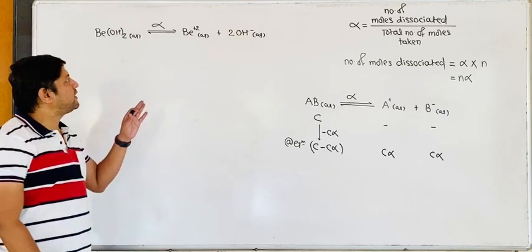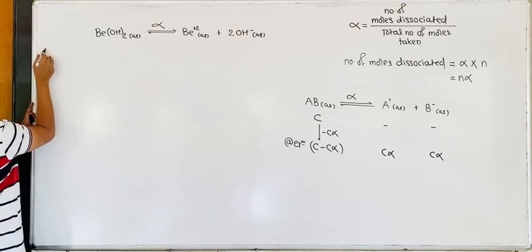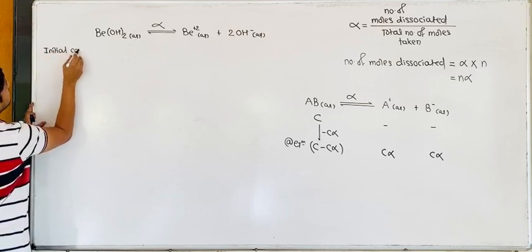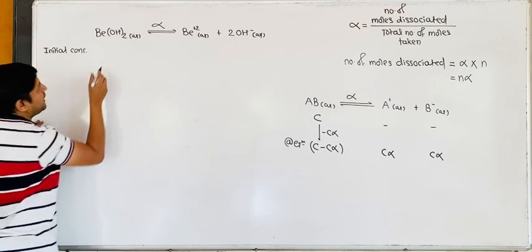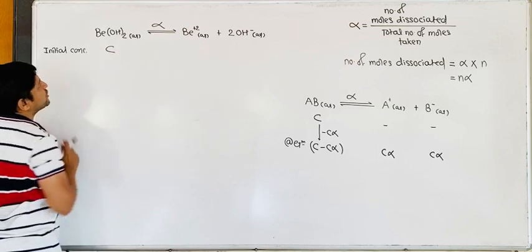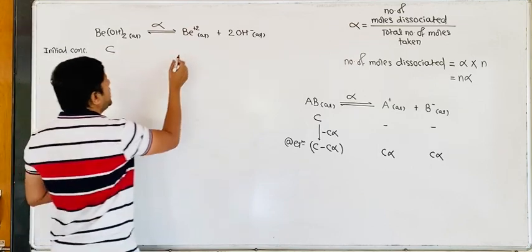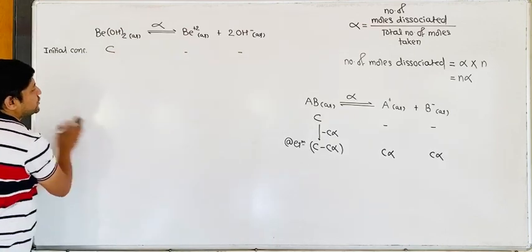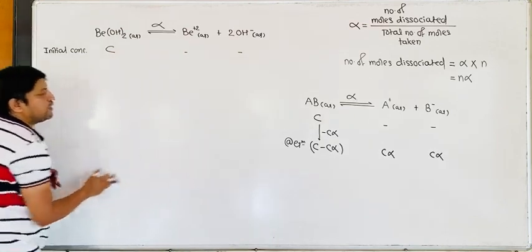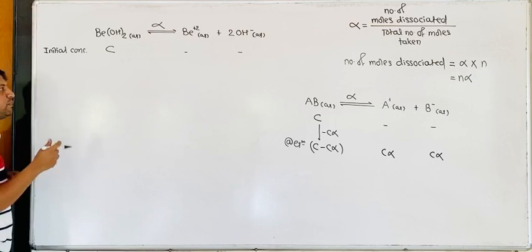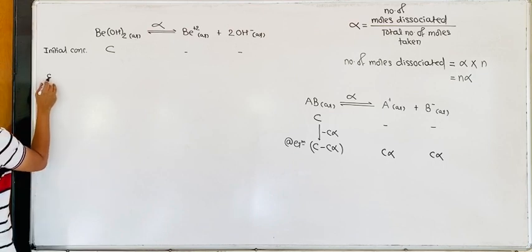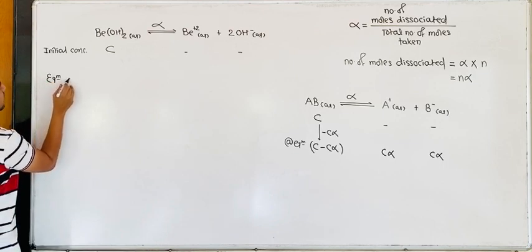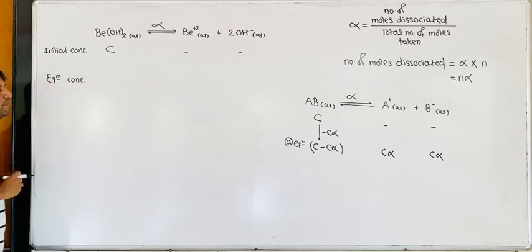we can write the initial concentration. If the initial concentration of Be(OH)2 is C, initially these two ions are not present, as the dissociation process is yet to start. Once dissociation starts, after some time it will attain equilibrium, so we can write equilibrium concentrations.